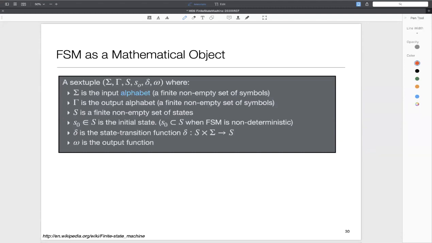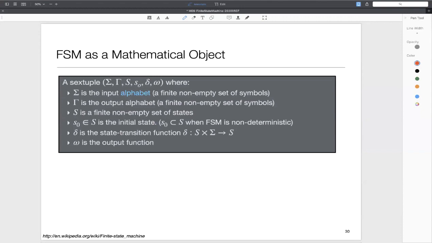So it's a sextuple, and it consists of 6 things: uppercase sigma, uppercase lambda, uppercase S, S subscript 0, delta, and omega. So what are these things?